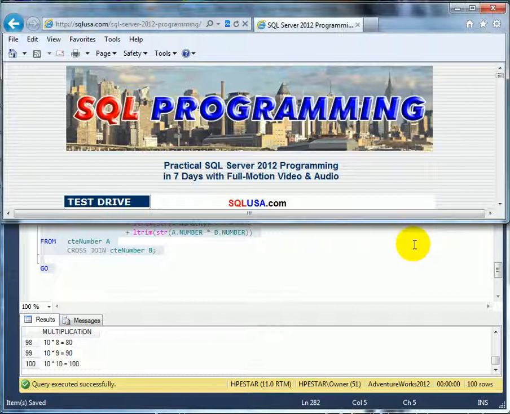We have different kinds of joins, but the most commonly used are the inner join and left join, at least in that part of the world where writing is from left to right, and in the other part of the world where the writing is right to left, right join is used.